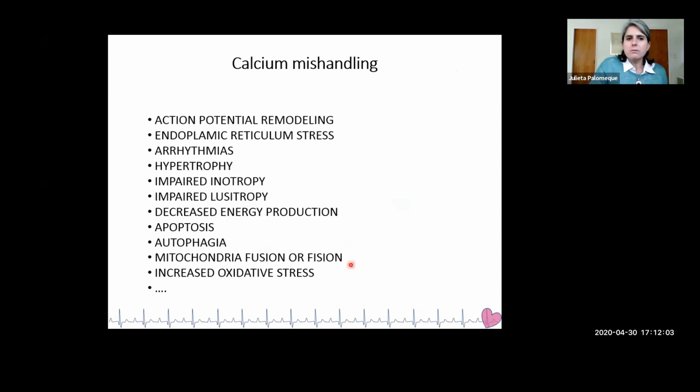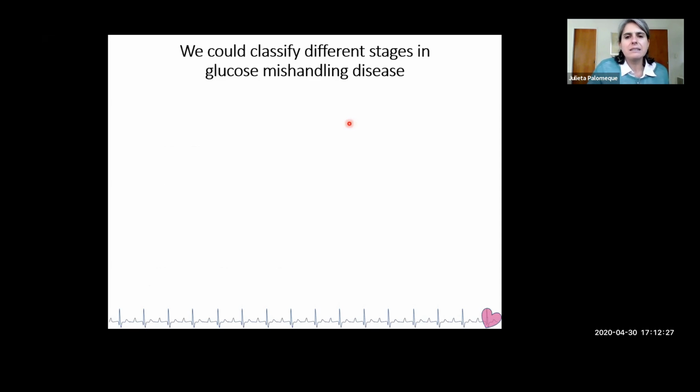Thus, calcium mishandling can lead to action potential remodeling, endoplasmic reticulum stress, arrhythmias, hypertrophy, impaired inotropy, impaired lusitropy, decreased energy production, apoptosis, autophagy, mitochondrial fusion or fission, and increased oxidative stress. And I think that I can go on with this list for several more slides.